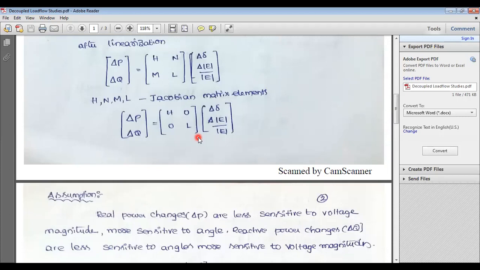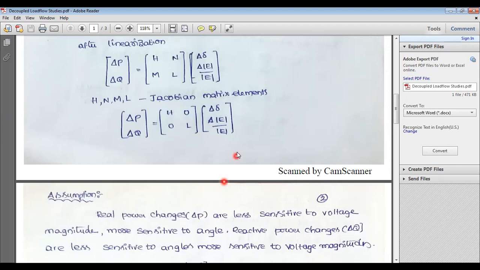And if you want to control the reactive power, you can control the voltage. So there is a direct relationship between these parameters. P is directly proportional to delta, and Q is directly proportional to V. That means P is more sensitive to phase angles and less sensitive to voltage variations. Similarly, Q is less sensitive to phase angles and more sensitive to voltages.